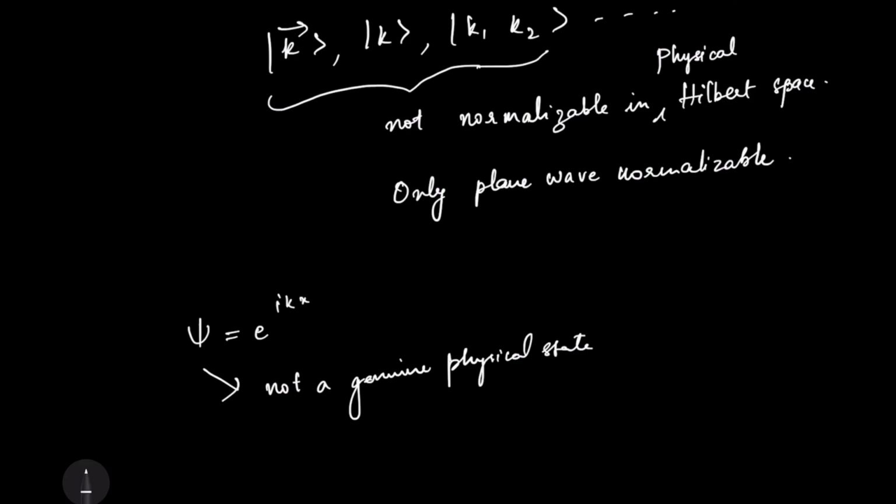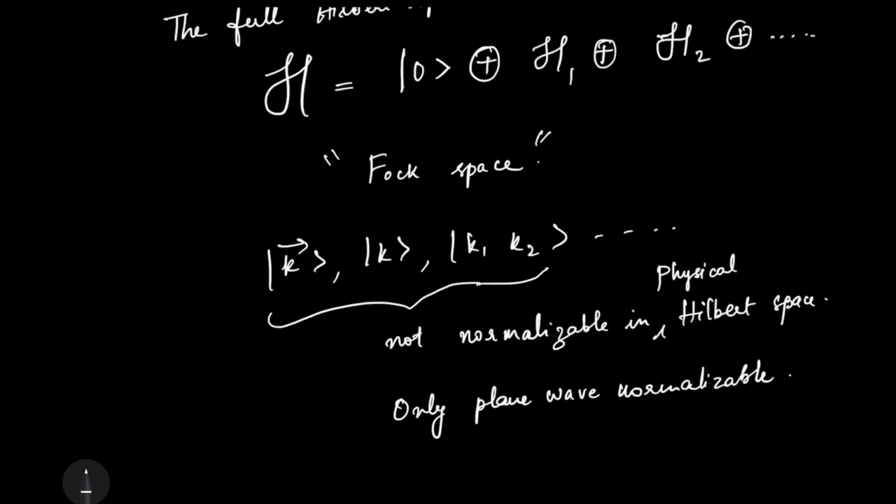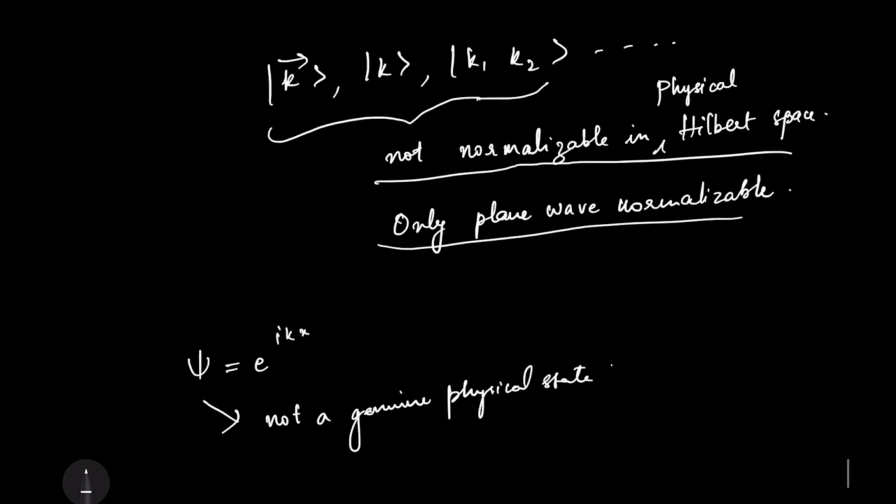Similarly, here also we have the states vector k, k1, k2, etc. that are not normalizable in physical Hilbert space, but they are only plane wave normalizable, right?